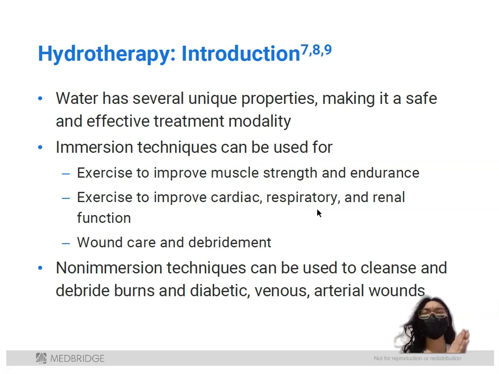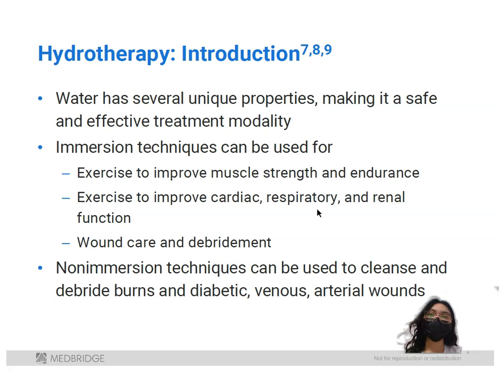Water has several unique properties, making it a safe and effective treatment modality. We have two techniques, your immersion and non-immersion technique. Your immersion technique can be used for muscle strengthening, endurance, improving cardiac, respi, and renal function.